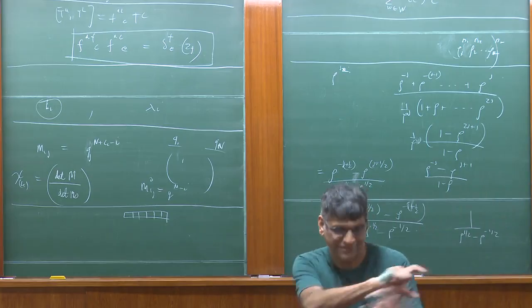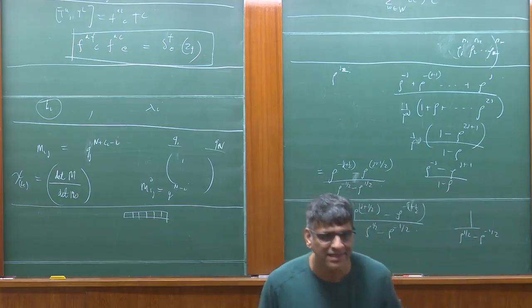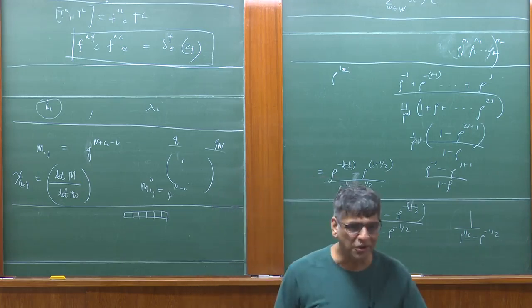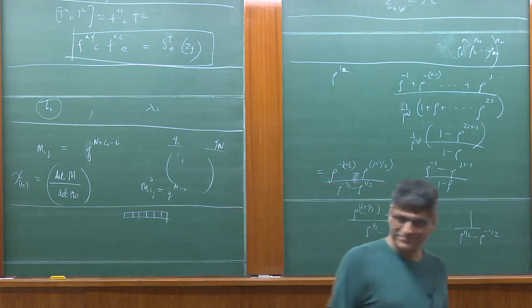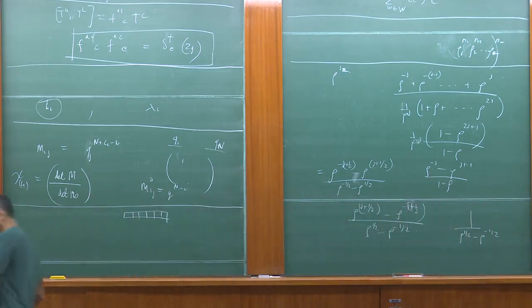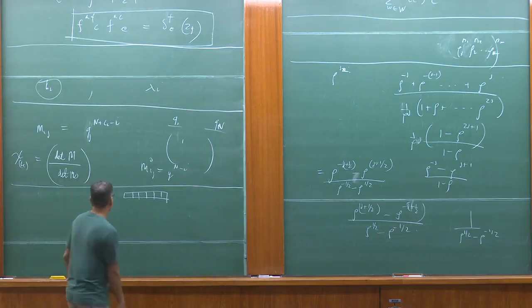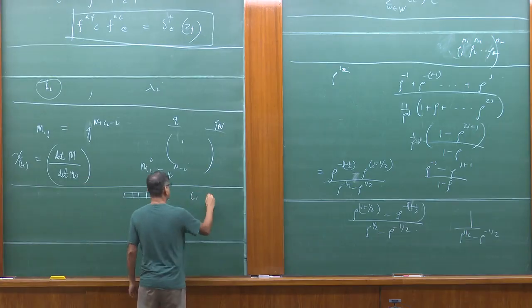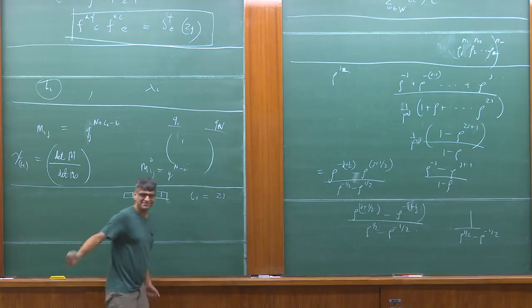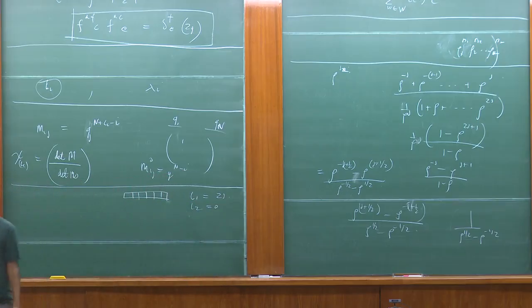This row is symmetrizing, and you get spin j by symmetrizing 2j copies of spin half. So what was L1? That was equal to 2j. And L2 is equal to, of course, 0. There are no boxes in the second row.